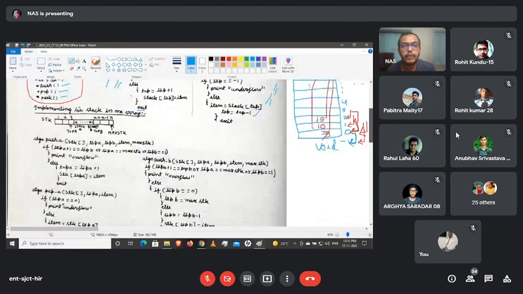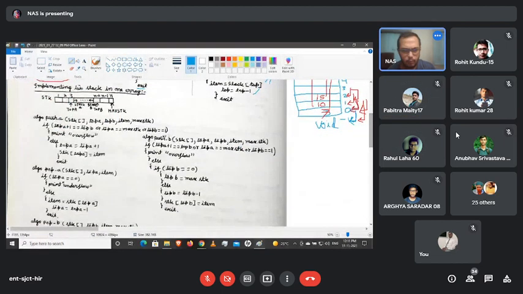So now we are implementing one algorithm here. Look here, algorithm: implementing 2 stacks in one array. We have an array, but we are implementing 2 stacks within the array. So let's consider we have an array like this one.